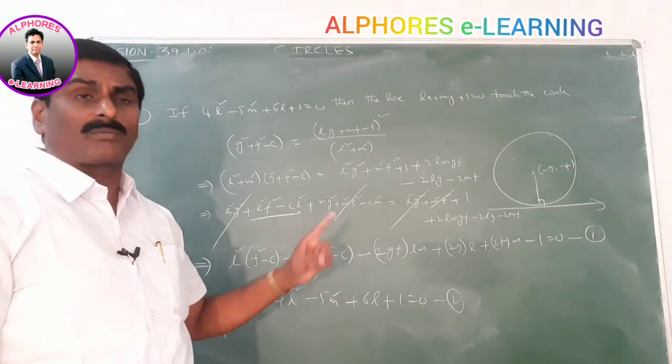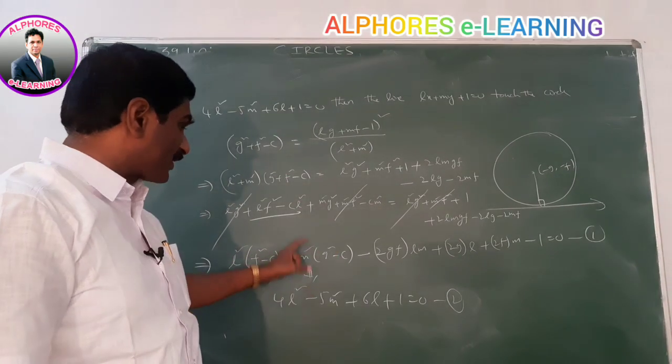Identical means a1/a2 = b1/b2 = c1/c2. Here the L² coefficient and M² coefficient ratios are equal.